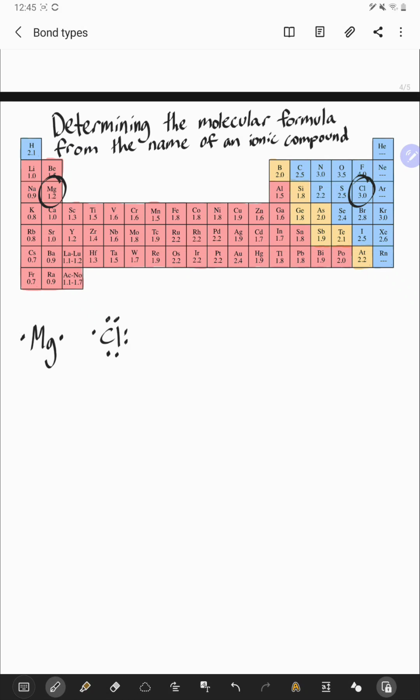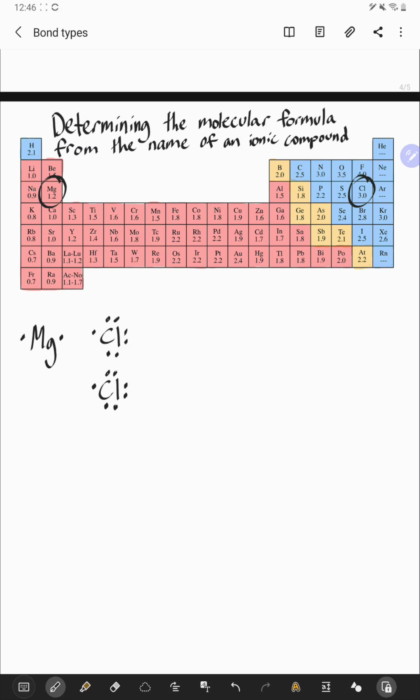So how can we get around this? Well, we could just add another chlorine. And that's the only way that chlorine's going to want to bind to magnesium. Because, again, magnesium's not interested in only giving away 1 electron. That doesn't help it at all. It needs to get its 8 or bust.